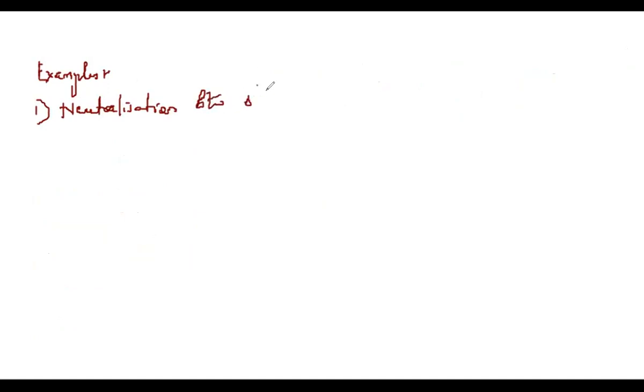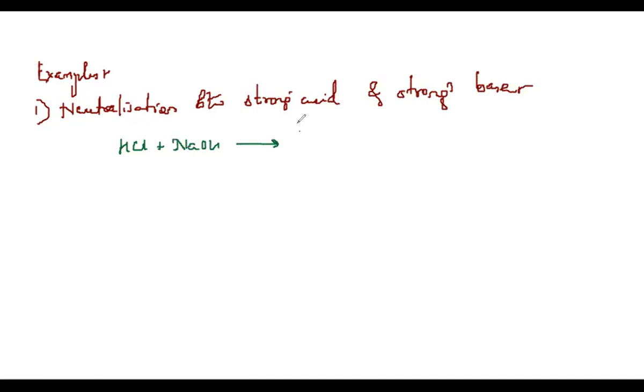Here, if you take a strong acid and strong base, then we call it an irreversible reaction. For example, HCl plus NaOH, both a strong acid and strong base. I will get NaCl plus H2O. Acid and base give me salt and water. If one of the acid or base is weak, then it becomes a reversible reaction.